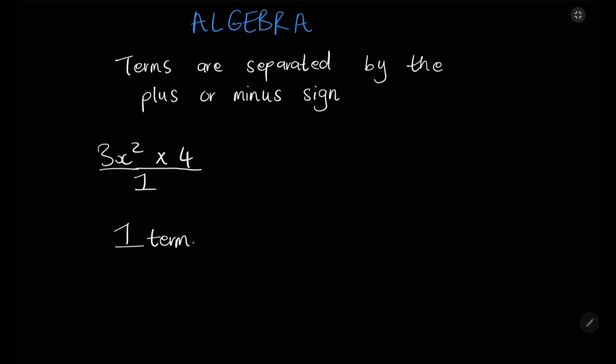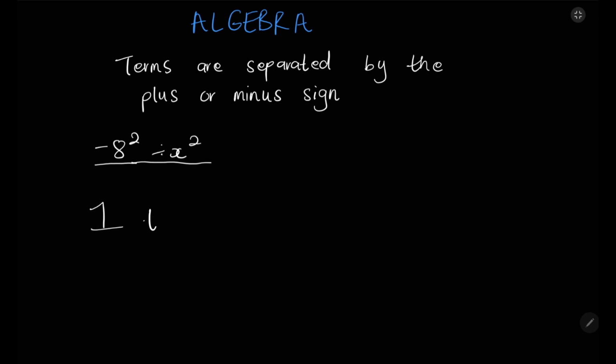There is no minus sign, there's only a times, so there's only one term. And if you are given, let's say, negative 8 to the power 2 divided by x to the power 2, how many terms do you have here? You have negative 8 to the power 2 divided by x to the power 2. So this is just one term, as there is no plus or minus sign.